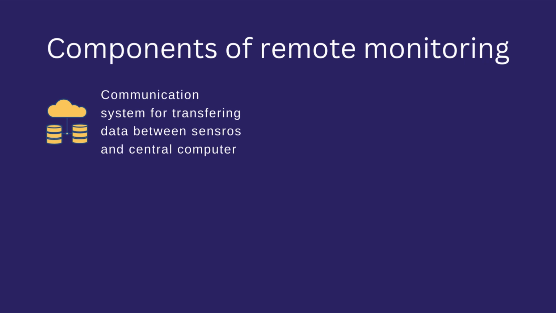Communication system: the internet is used as a communication system that requires a dedicated communication protocol. It provides communication between the field device and the central computer or server. It enables transferring data from source to destination without losing any data in it.